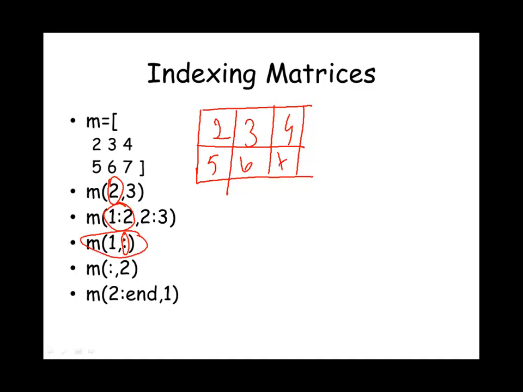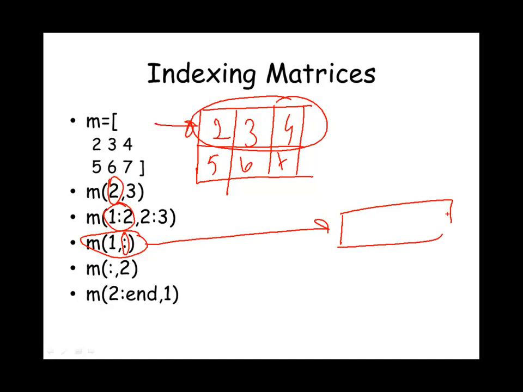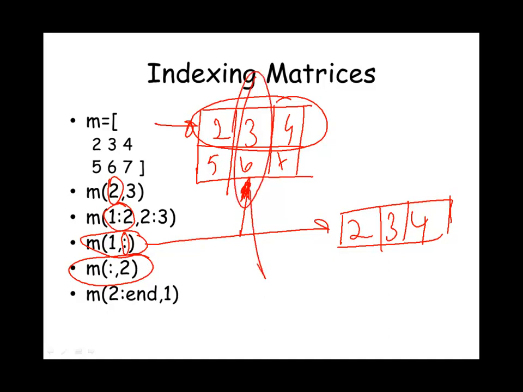M(1, :) will pick the first row and all columns, and it will give us a row vector that contains numbers 2, 3, 4. The next example is picking the second column and all rows, and it will give us a column vector that contains 3 and 6.